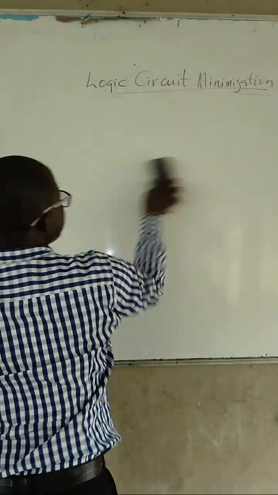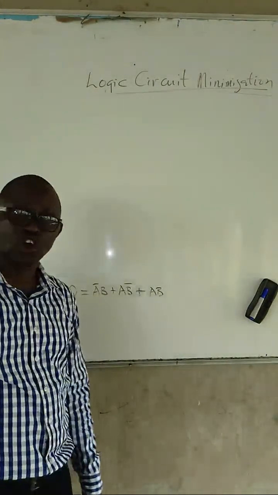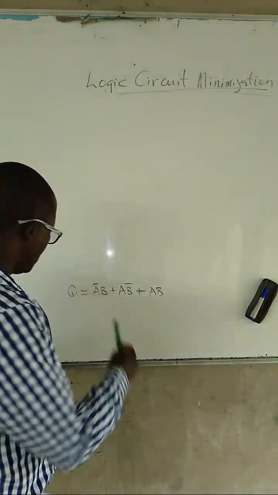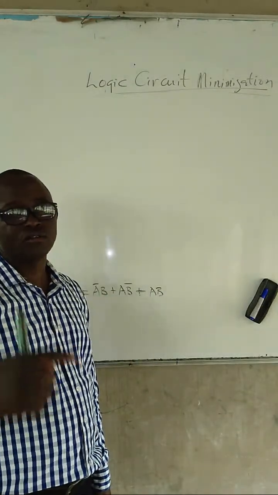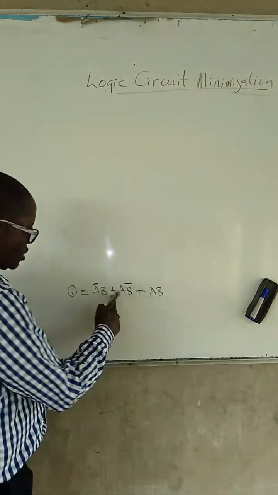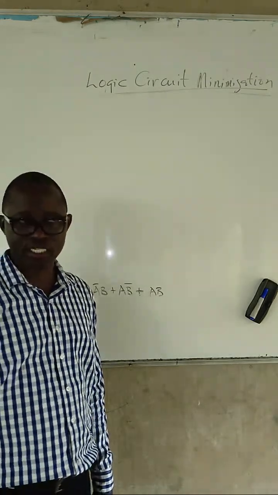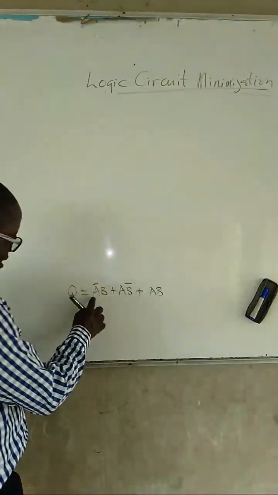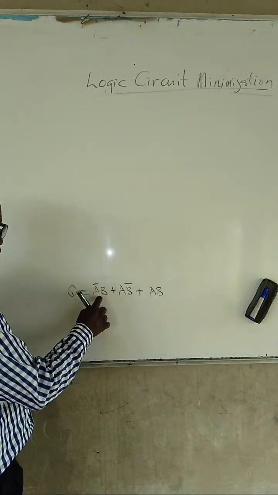Before I go ahead, before I rub this line, what I wrote down here is called sum of products. That is all AND gates. The addition sign here means OR. So right here we have AND gates between A and B, between A and B, between A and B. A bar B, that's an AND gate.